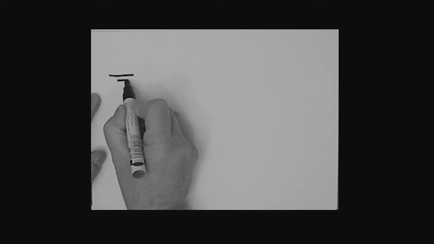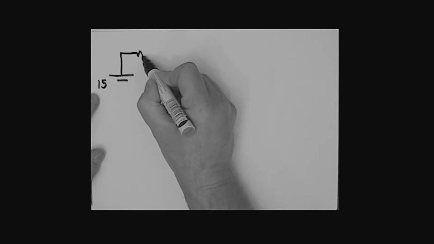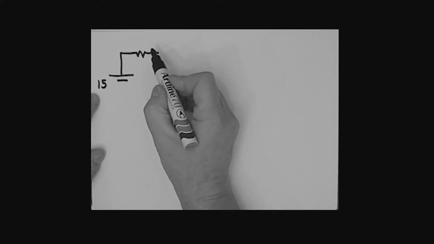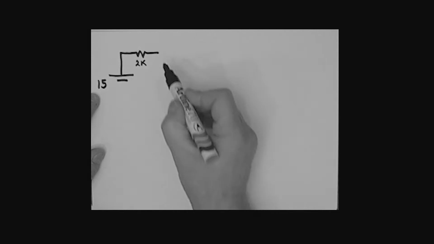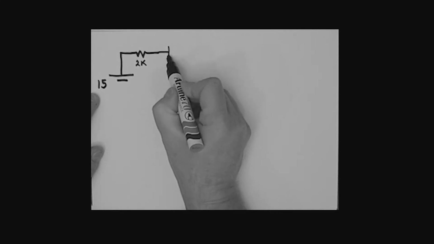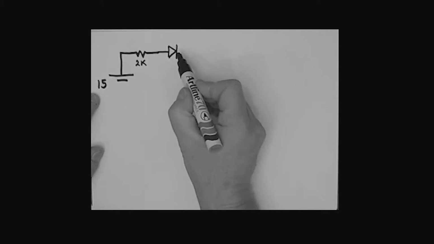Okay, supposing what we have here now is a voltage source which is 15. Then we have a resistor which we'll say is a 2K resistor. Then we'll have a diode. Now this will be a silicon diode.